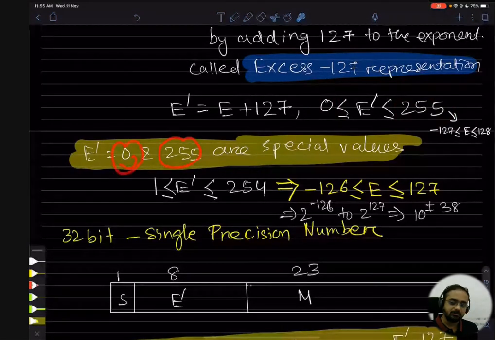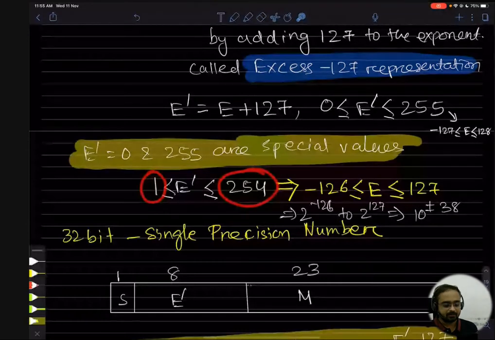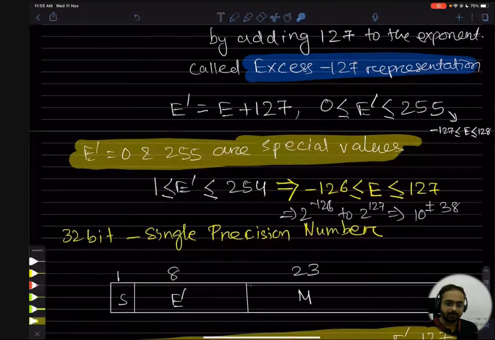These two values will be used later, we will see what the special values are. We can use from 1 to 254. 0 we have removed, 255 we have removed.